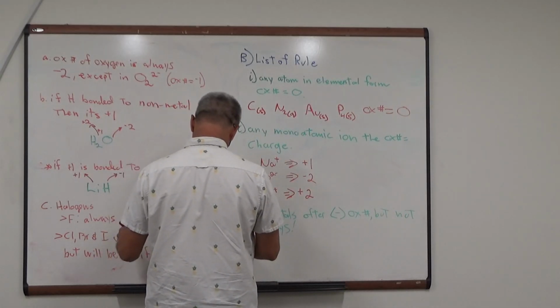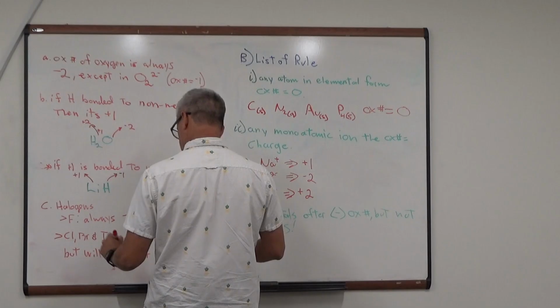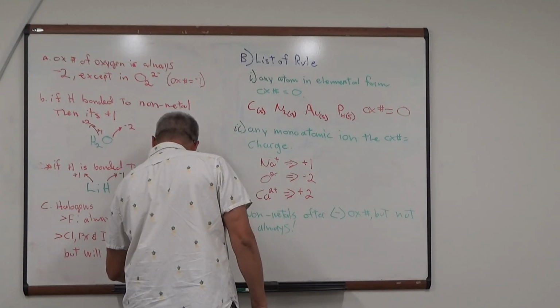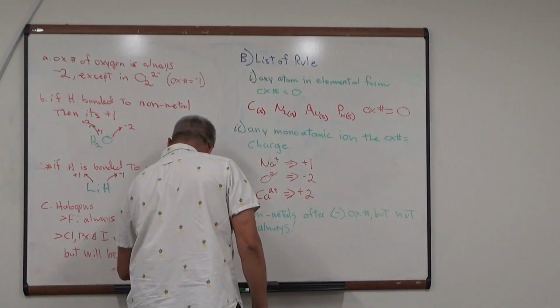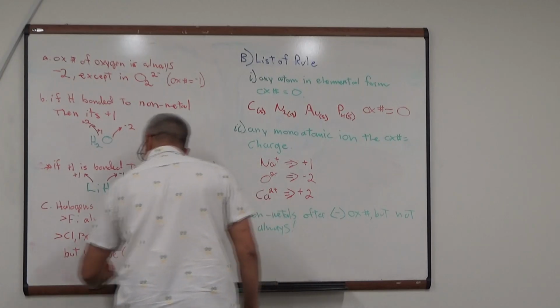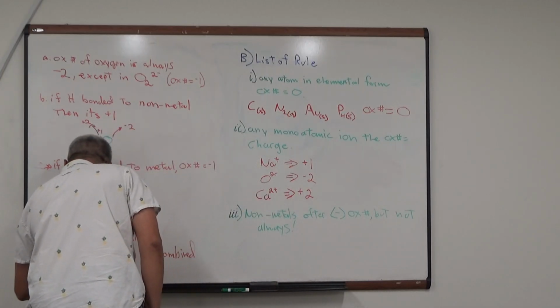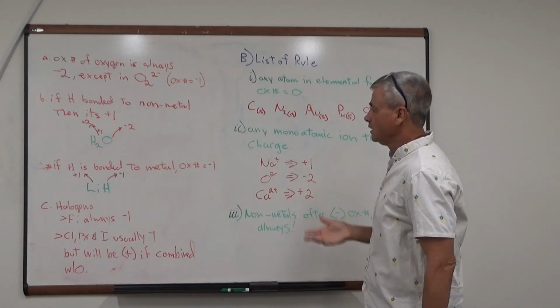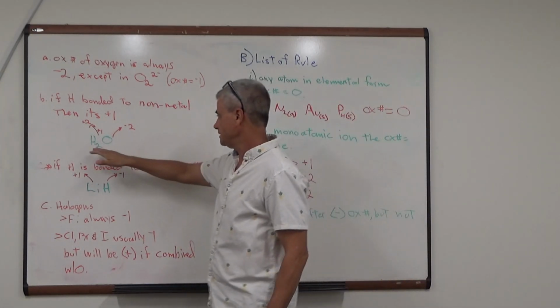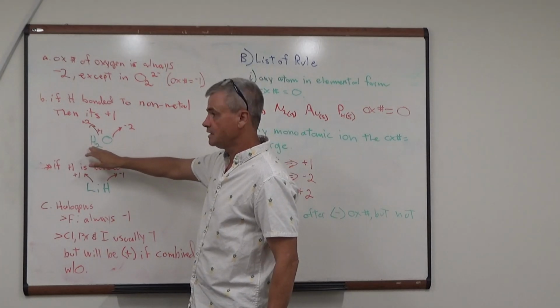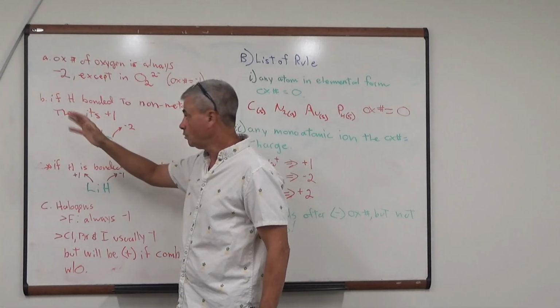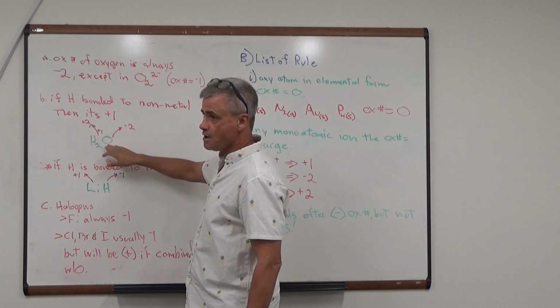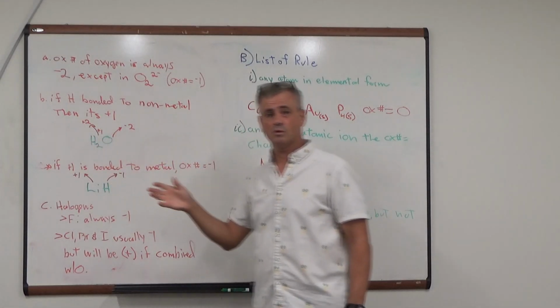But they will be positive if combined with oxygen. Some of these things can actually make a little bit of intuitive sense too. The oxidation state number of hydrogen is +1 when it's with non-metals, because non-metals tend to be more electronegative.